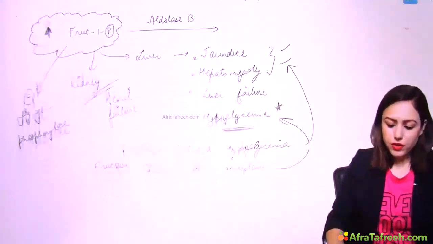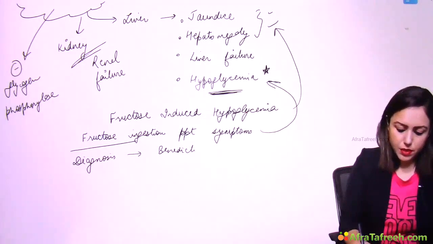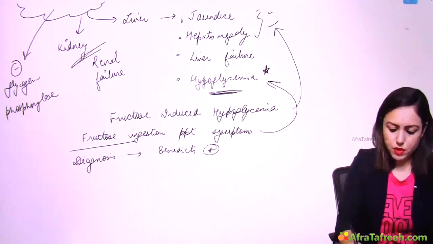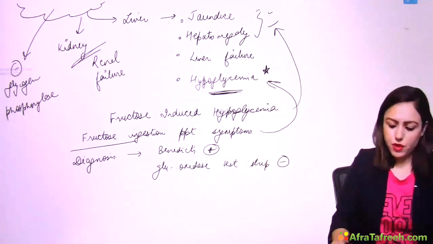So how to diagnose this? Diagnosis is also the same, like Benedict's test. Benedict's test will be positive, and glucose oxidase test strips will be negative.